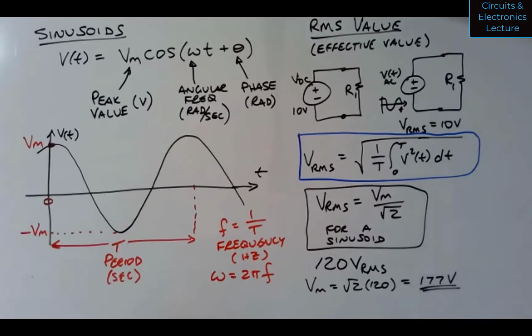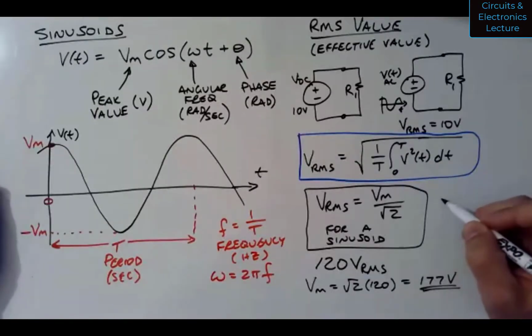So that 120 volts isn't the peak value of a sinusoid. If you were to measure it coming out of your wall, don't do that, it's 177 volts. Okay, so that's a value of RMS. It describes a voltage to use while calculating power delivered to a resistive load.